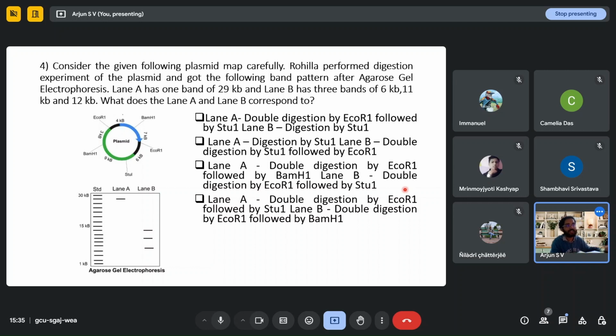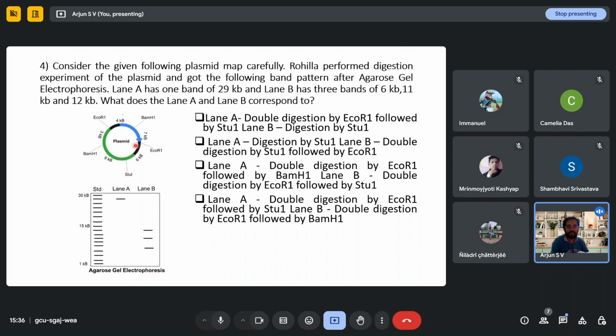So they have given this plasmid map. We all saw in the classes how we design this plasmid map, and we also saw how to interpret the agarose gel from the plasmid map.